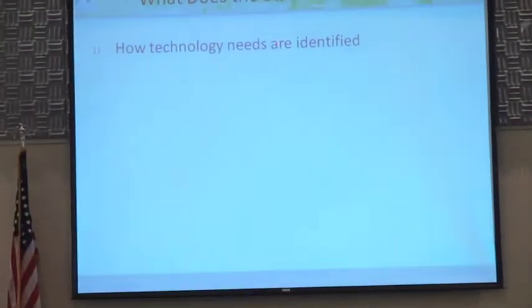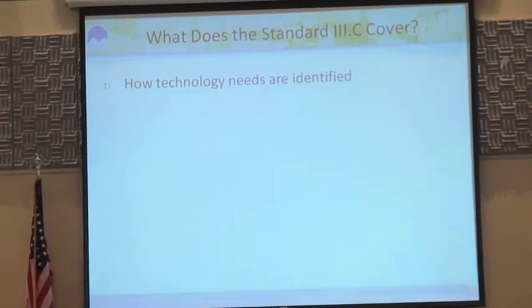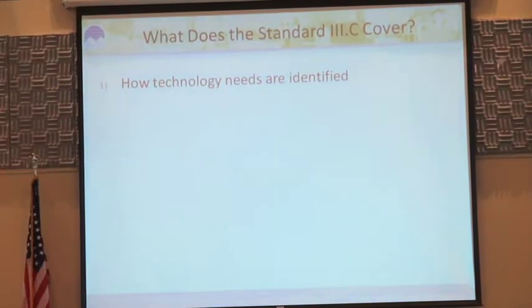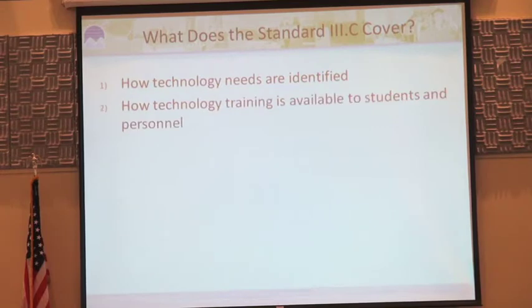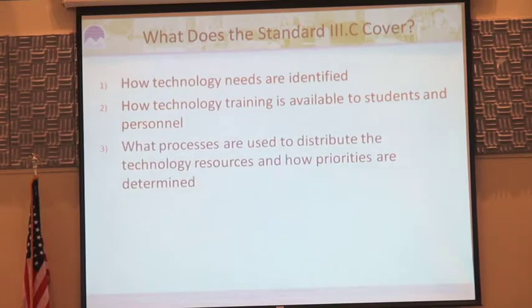All right, so what's the standard 3C cover? The ACCJC asking for how technology needs as identified. How technology training is available to students and faculty and staff. Then what processes are used to distribute the technology resources and how priorities are determined.